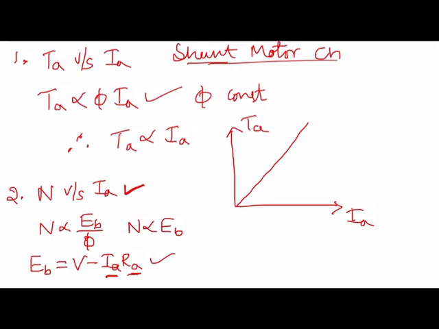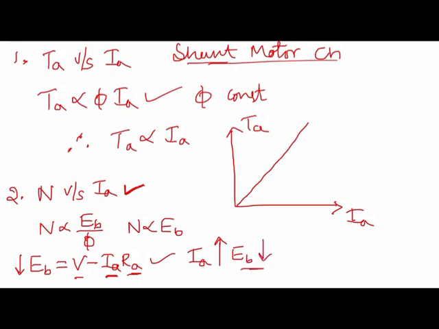Now if IA increases, since V remains the same, the negative value IA RA increases. The negative value increasing means the net back EMF will decrease.